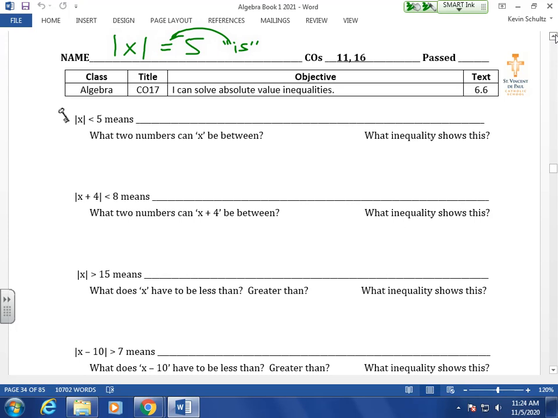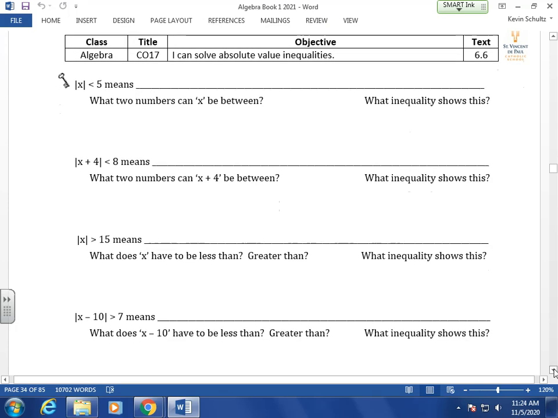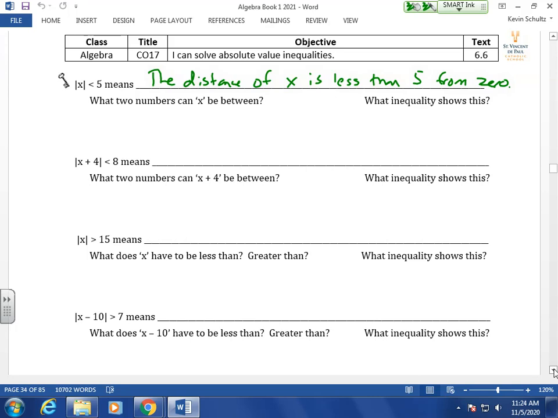Gabby? What Gabby said was that the distance of x is less than 5 from 0. She actually said it more succinctly, x is less than 5 from 0, but just remembering here that we've got that distance there. So x is less than 5 from 0.